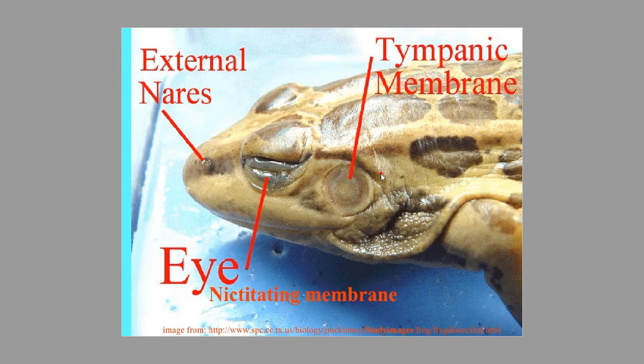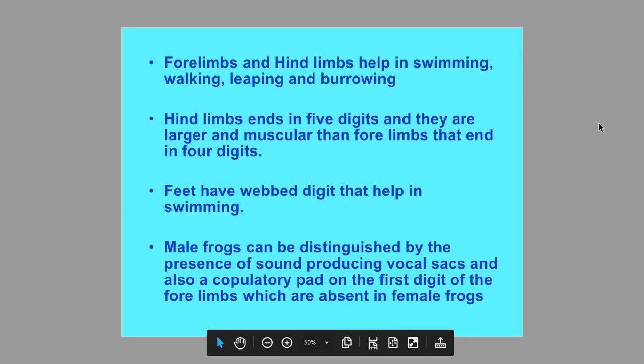The trunk is the posterior region of the body. It bears two pairs of limbs, the forelimb and hind limb. The forelimb and hind limbs help in swimming, walking, leaping and burrowing.